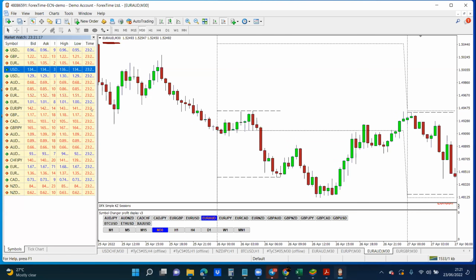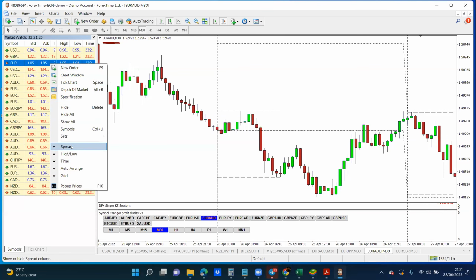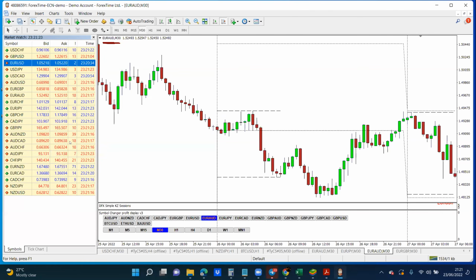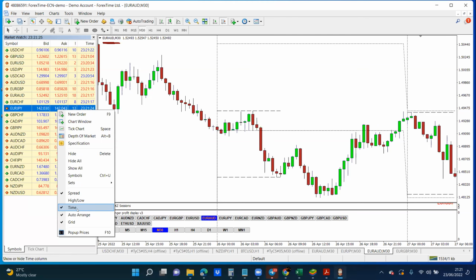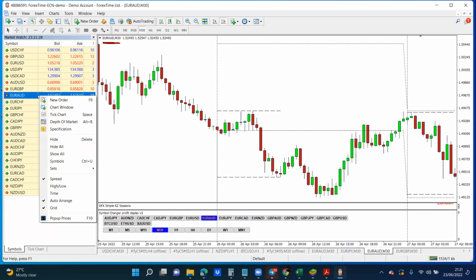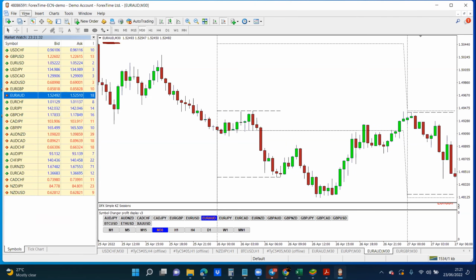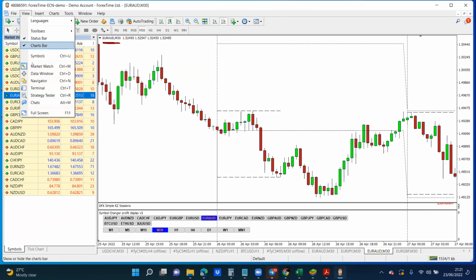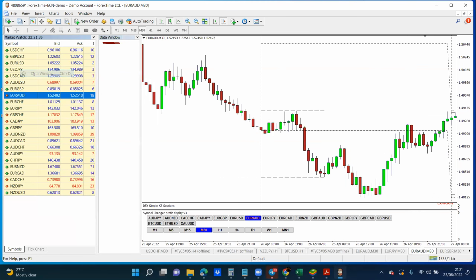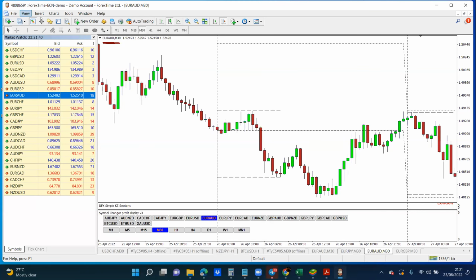If I want my time, you can also give me my time, but that would be too clumsy. So I'll take out my high and low, take out my time by just right-clicking inside my market watch. So from View also, I can have data window, which is another window here, more for advanced persons. So basically that is that.